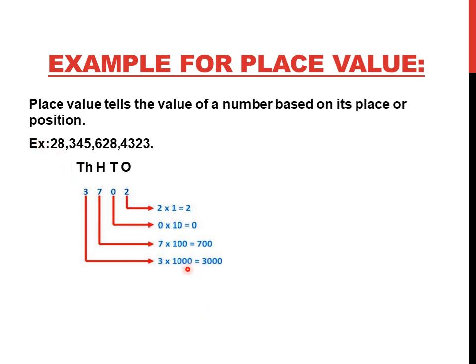Thousands place, so 1000. 3 into 0 is 0, 3 into 0 is 0, 3 ones are 3. So 3000. Based on this, we say 2 ones, 0 tens, 7 hundreds, 3 thousands.